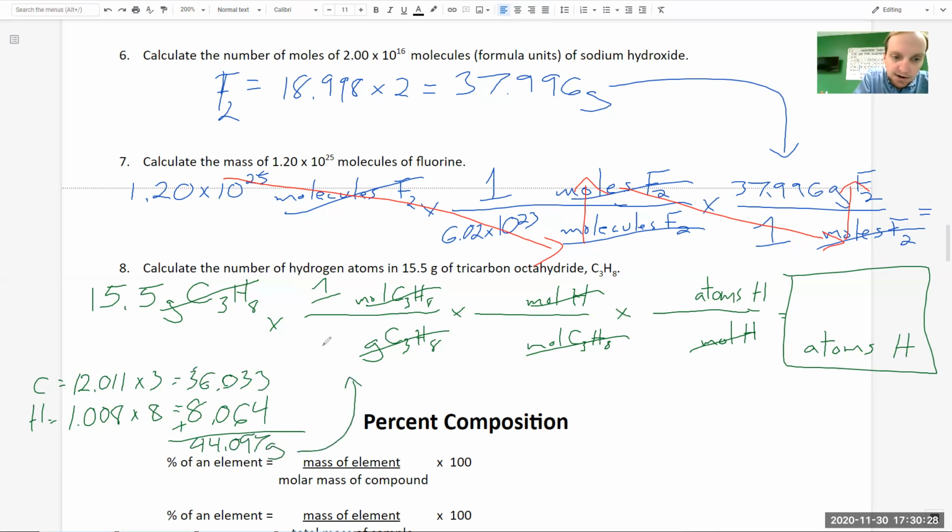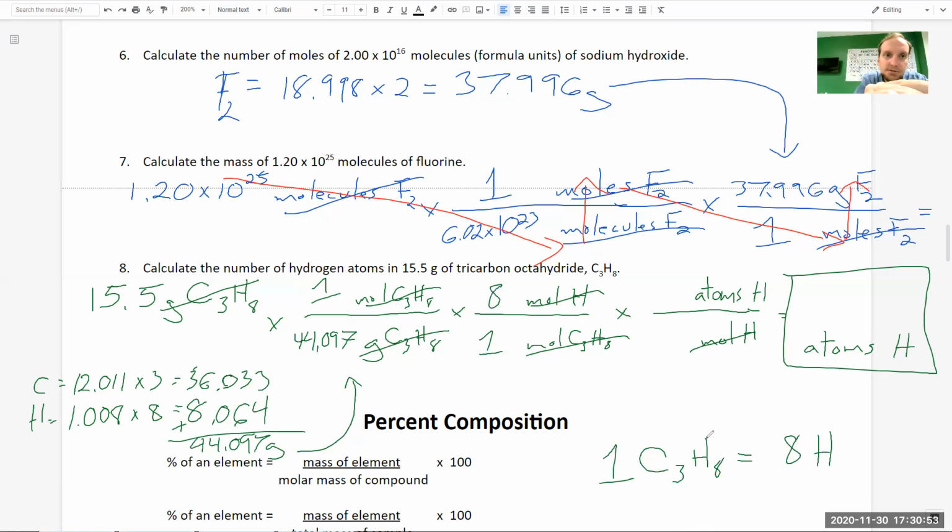So I'm going to put that right here, 44.097 grams. Now that we got that, we're going to do the next one, which is the molar conversion from moles to moles. So for every 1 mole of C3H8 is equal to 8 moles of H's.